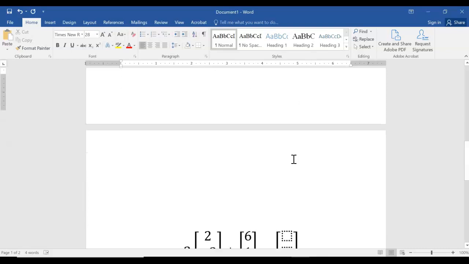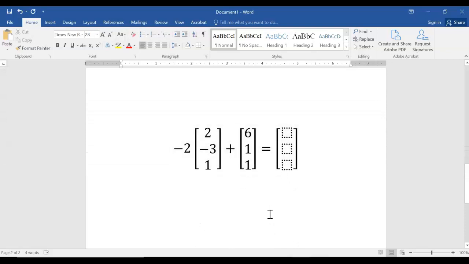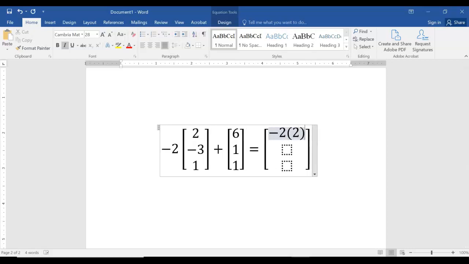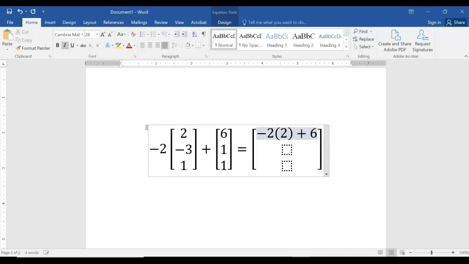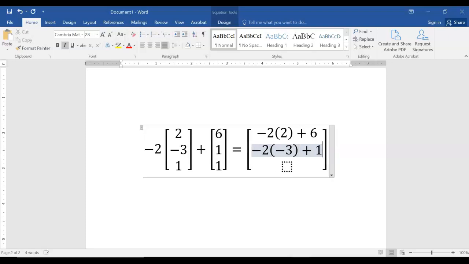And it works in the same way if we have 3 entries rather than 2. So we take negative 2 times 2 plus, notice there's no coefficient here. It's assumed it's a 1 if there's no coefficient, just like any other realm of mathematics. So we take negative 2 times 2 plus 1 times 6, or just 6. My next entry is going to be negative 2 times negative 3 plus 1.